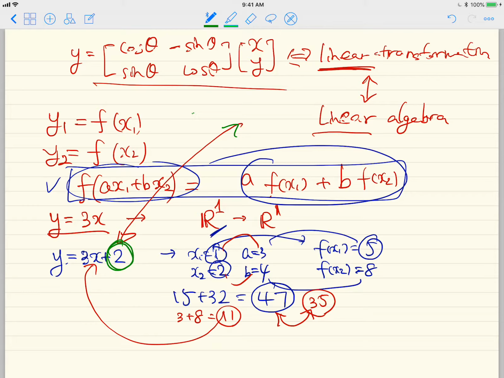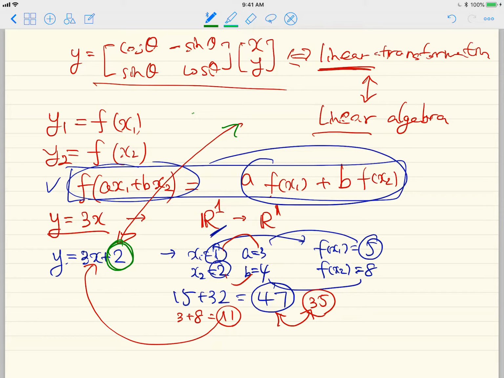Translation? It's a translation transformation, how you move it away from the origin. Yeah, so adding a bias is also viewed as a translation, moving it in parallel, right?